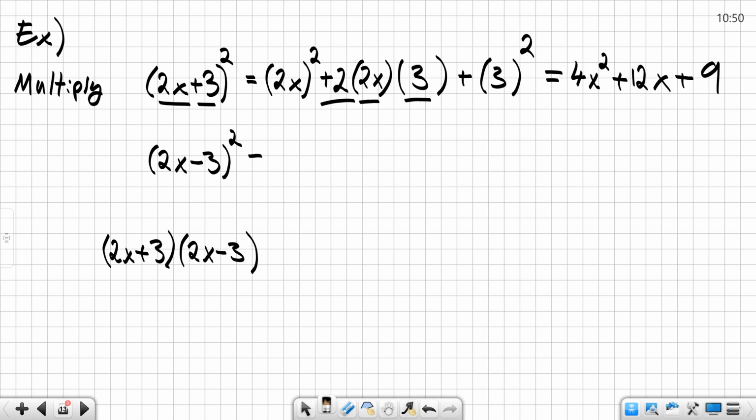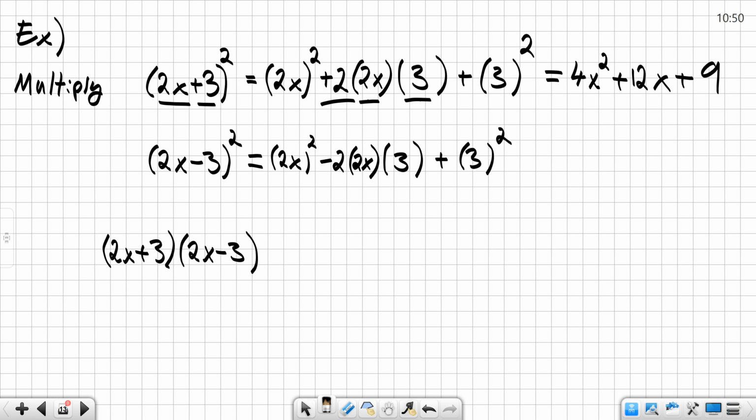All right, let's do the same thing with this one. I will get (2x) squared minus 2 times the product of the terms, and that will be 2x and 3, plus the last one squared again.